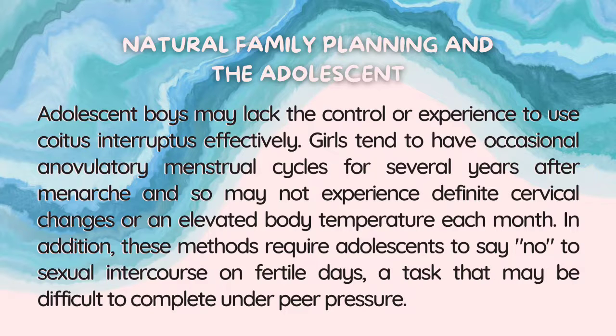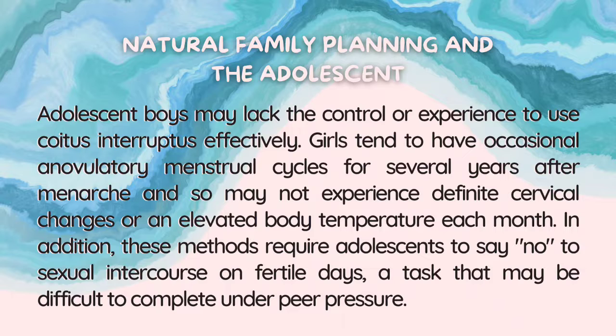Natural methods of family planning, with the exception of abstinence, are usually not the contraceptive method of choice for adolescents, as they require a great deal of thought and persistence, and adolescent boys may lack the control or experience to use coitus interruptus effectively.